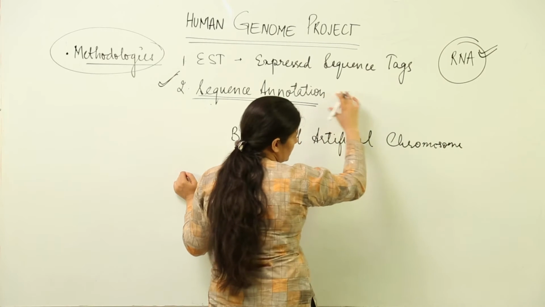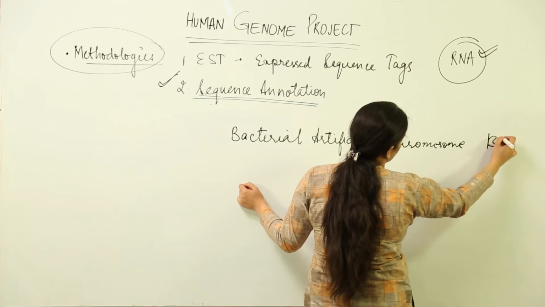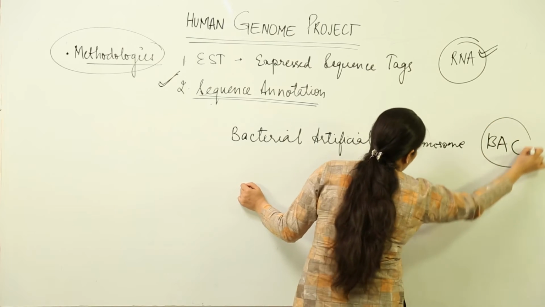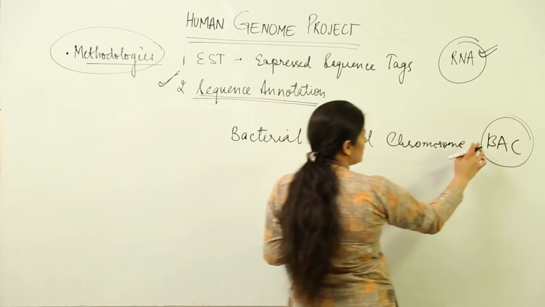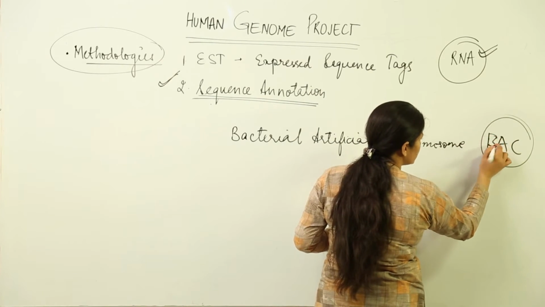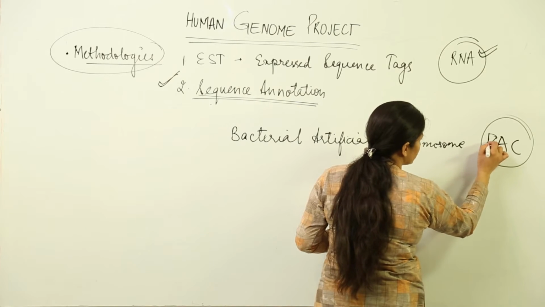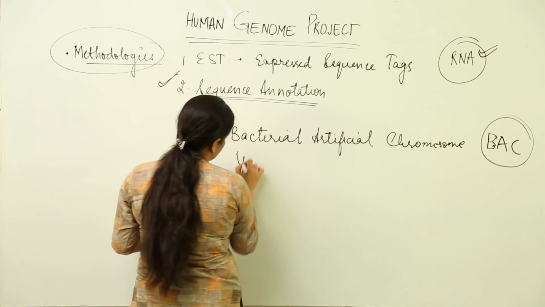We are talking about sequence annotation over here. So, in that we have BAC, that is bacterial artificial chromosome. Now, my B looks like a symbol, but it is simple alphabetic B. Now, we have yeast artificial chromosome.